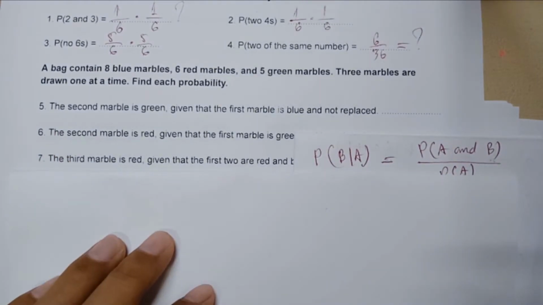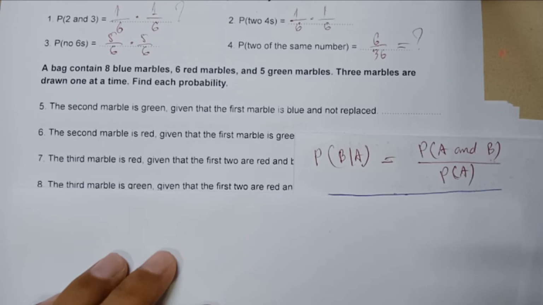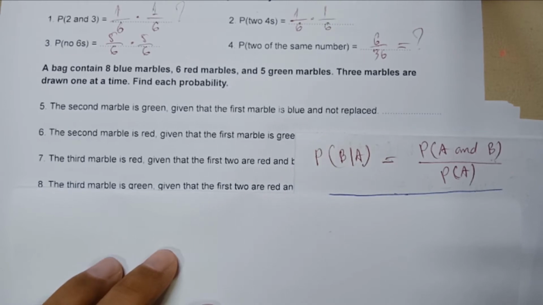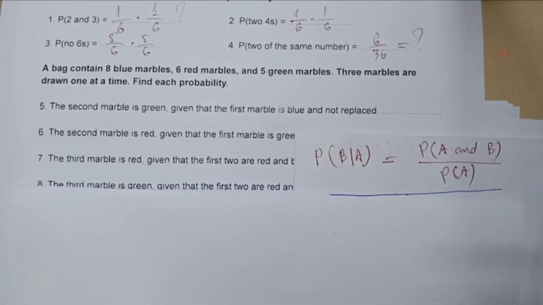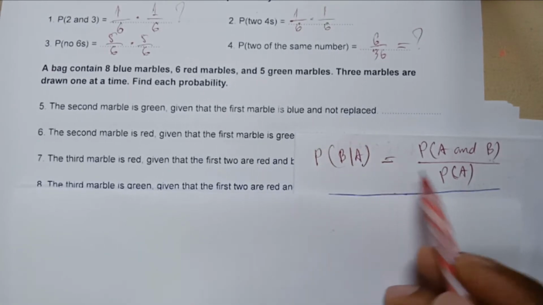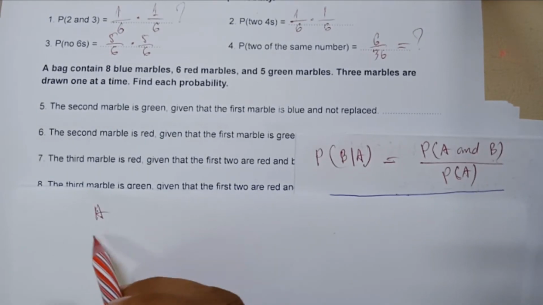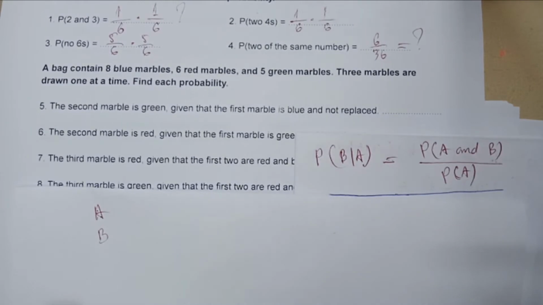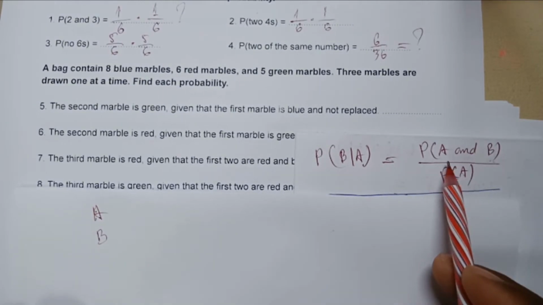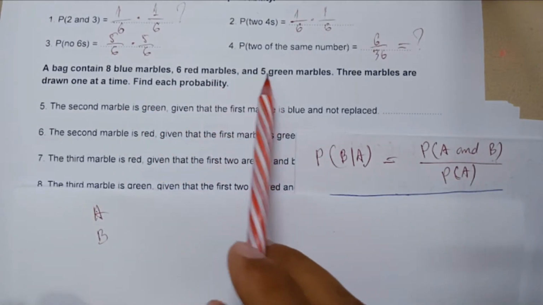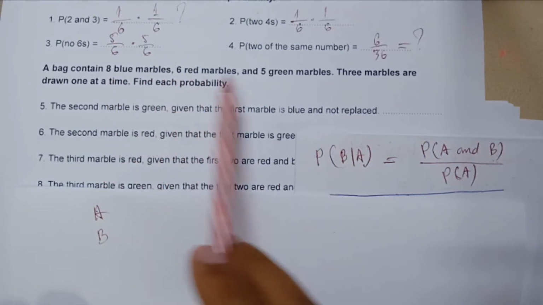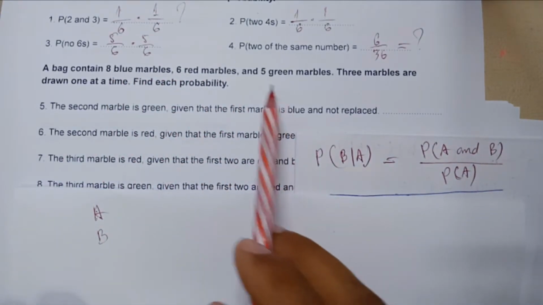Number 5. Second marble is green given that the first marble is blue and not replaced. So looking at the problem, we have two events. You have event A and you have event B. Now event A, wait, let me try to add this together first. 14, 19, so everything is 19 together.